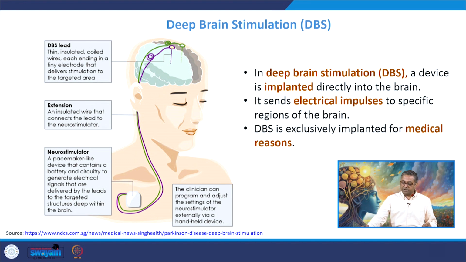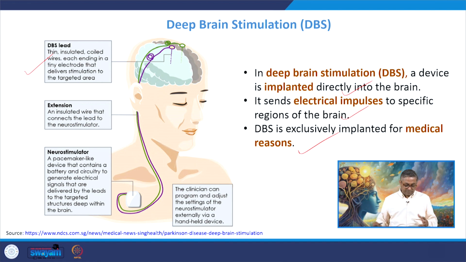So, in deep brain stimulation, a device is implanted directly into the brain. It sends electrical impulses to specific regions of the brain. DBS is exclusively implanted for medical reasons. The DBS leads are implanted, which means you have to do surgery.